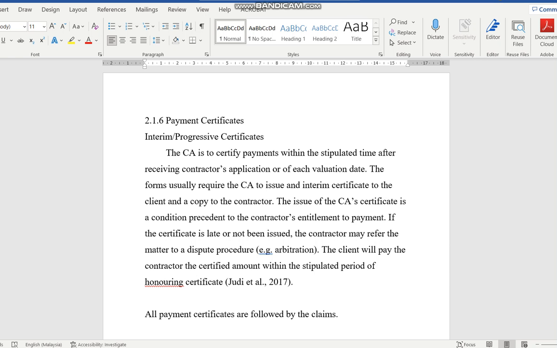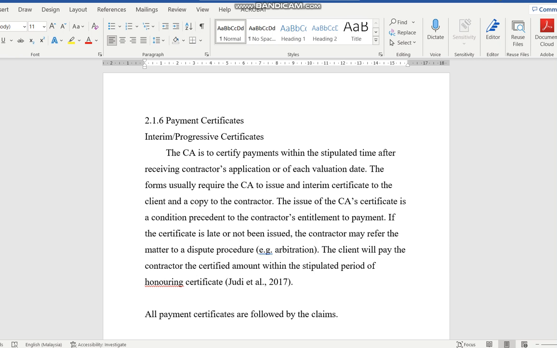Once it's signed, that means both parties agree that this is the amount of money that needs to be paid, and then the client is in a safer condition because the verification work has been done, agreed by the contractor, and they have a certain amount of time to pay. Overall, these interim certificates will be done first, up to the penultimate, the second last. And no, third last.